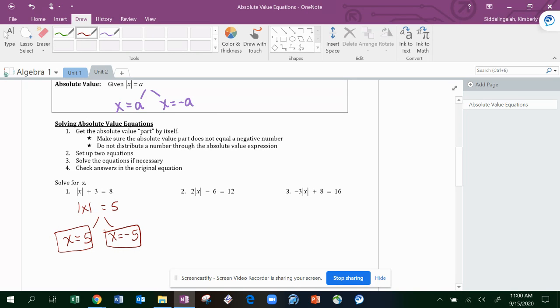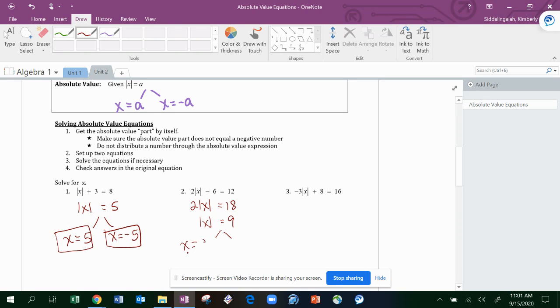Let's take a look at a slightly more complicated problem. So here, notice the 2 and the negative 6 are around the absolute value of x. So first, I'm going to move the 6, and then I'm going to divide both sides by 2. So now I have the absolute value of x equals 9. So again, that's asking me, what are all the numbers whose distance to 0 is 9?